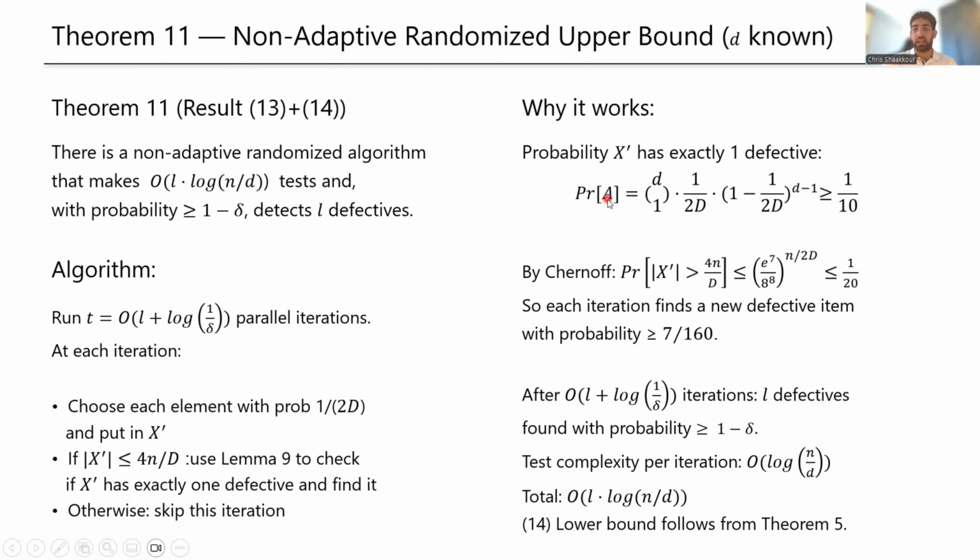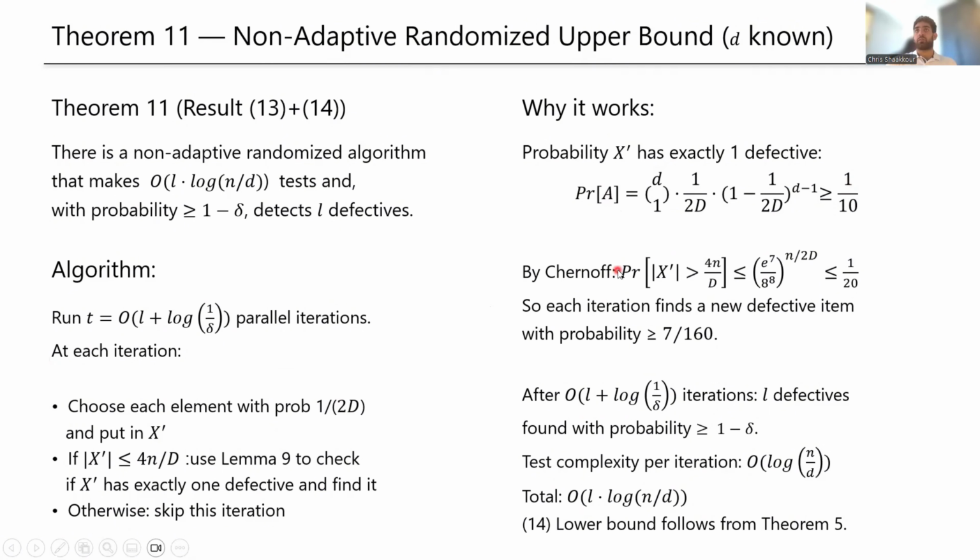The probability of A is the event that the set X prime that we created has only one defective item. So it equals D choose 1 times 1 divided by D, which is the probability, times the counter probability, multiplied by 1. And if we lower bound this, we get that it's greater than or equal to 1 divided by 10.